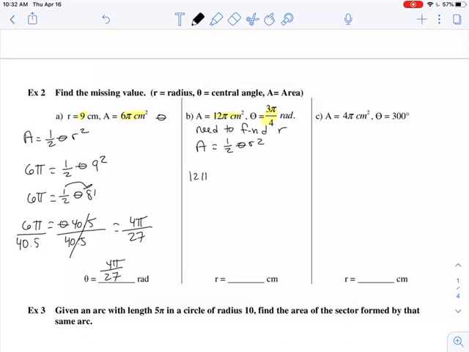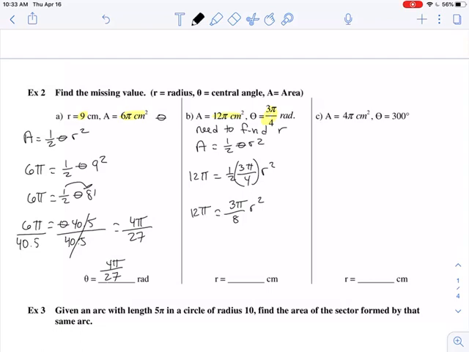Area is 12 pi equals half times 3 pi over 4 times radius squared. Simplify. So I'd have 3 pi over 8 times radius squared equals 12 pi.